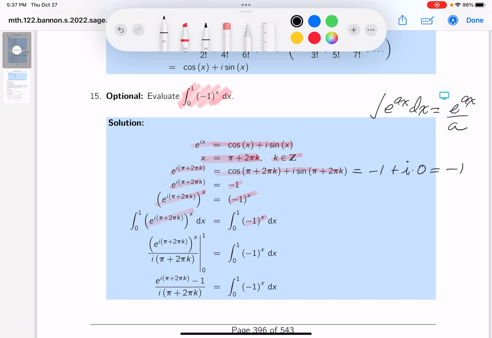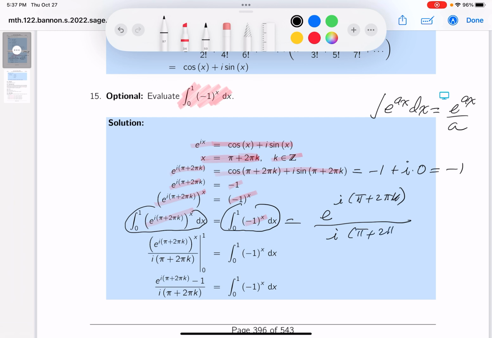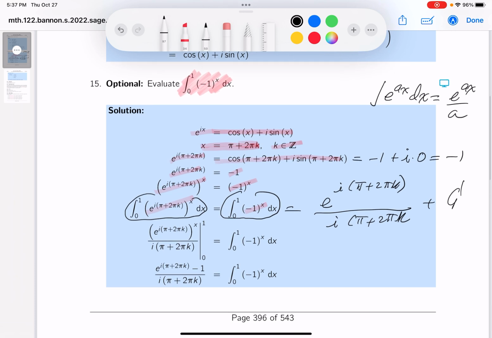So integrating this is the same thing as integrating that, and it's going to be e to the (i(pi plus 2 pi k))x over i(pi plus 2 pi k), plus some constant of integration. Since we have a definite integral, though, we're just going to evaluate from 0 to 1 and drop the c.